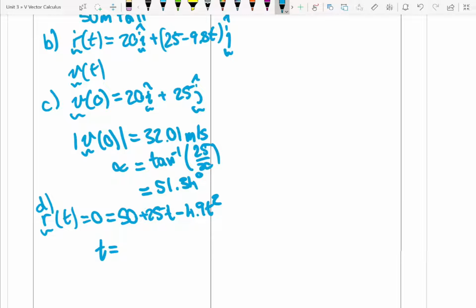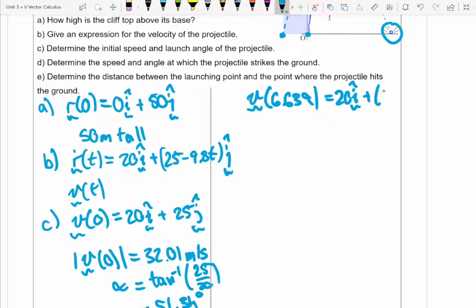So continuing through, we want to find the velocity at 6.639 seconds. Substituting that back in, we get 20i, like I said earlier, because it's a constant horizontal velocity, plus 25 minus 9.8 times 6.639, which gives us negative 40.06j.